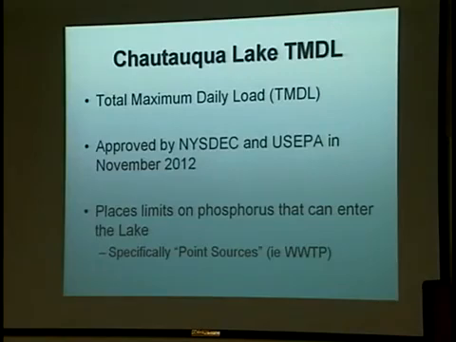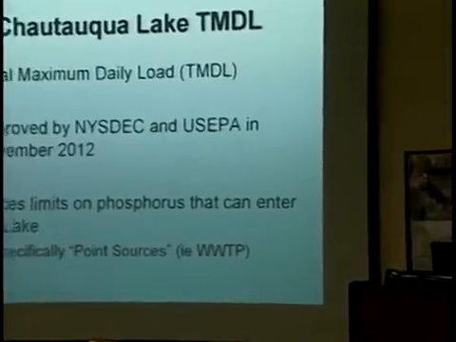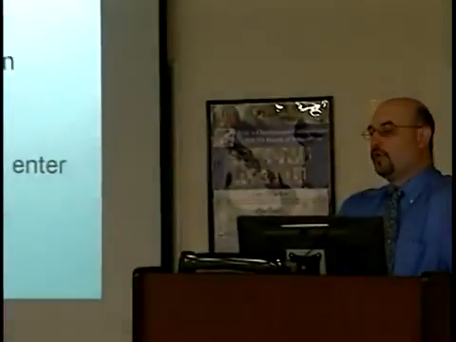Point sources, let me take one more step back. They want to limit the amount of phosphorus coming from the watershed in all sources. Since we cannot measure accurately phosphorus loadings from agriculture and other runoff from the watershed, the DEC are the ones that permit the discharge from very specific areas through a State Pollutant Discharge Elimination System permit.